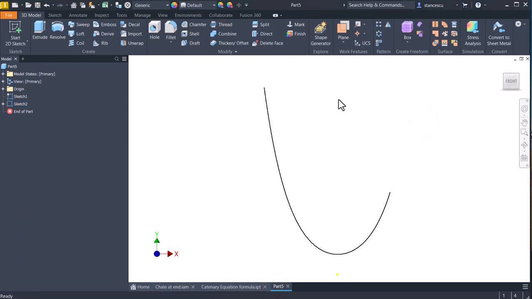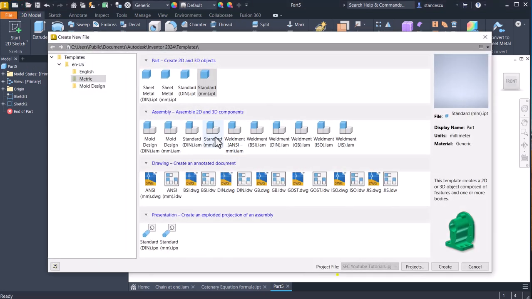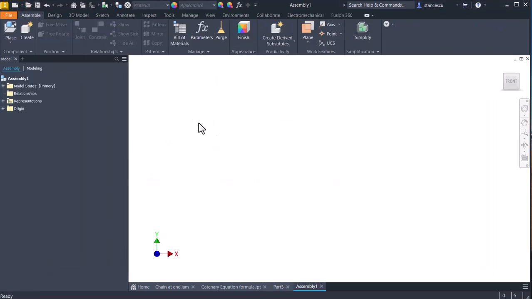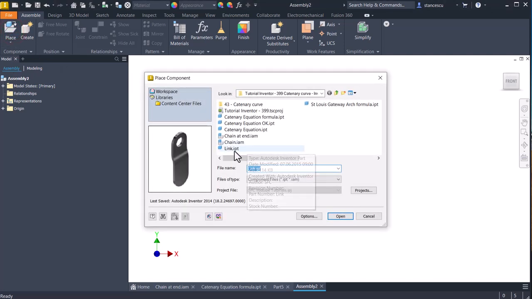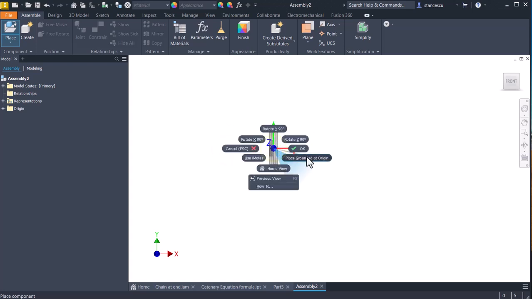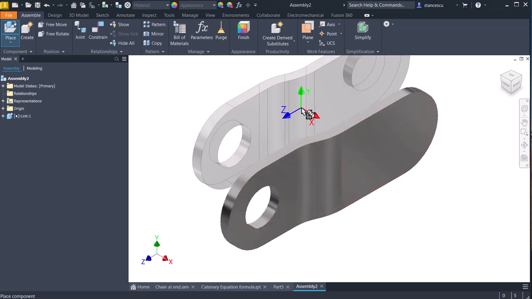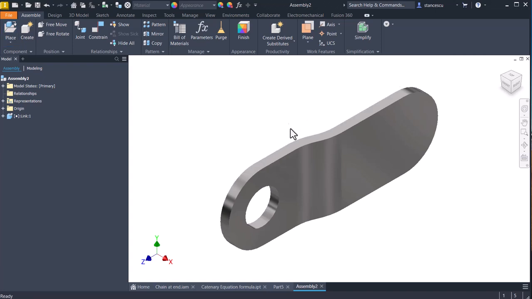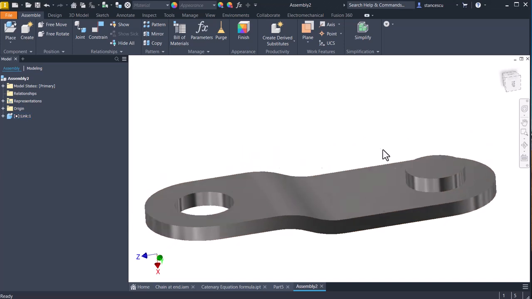Good. However, our goal is to create the assembly, right? Standard millimeter IAM. Place. The unique object is this one. Place grounded at origin, because we'll connect this with the other.